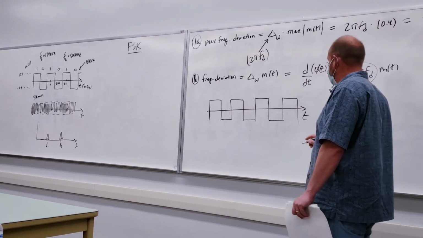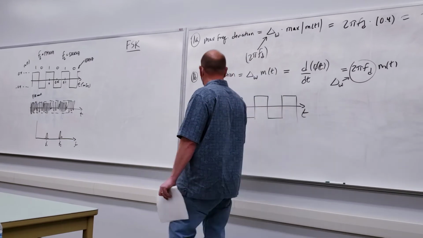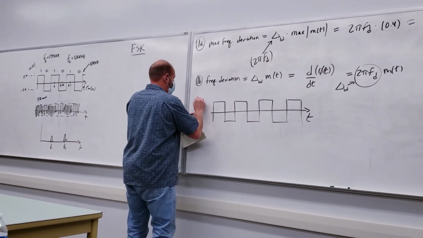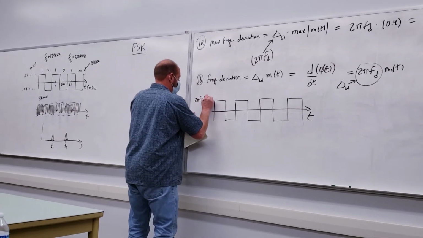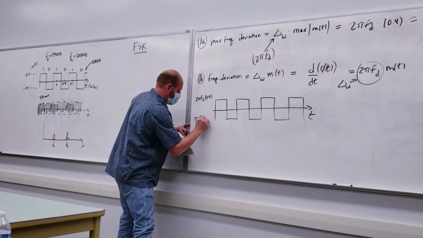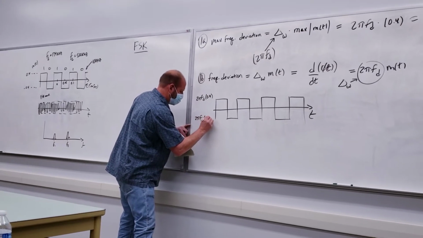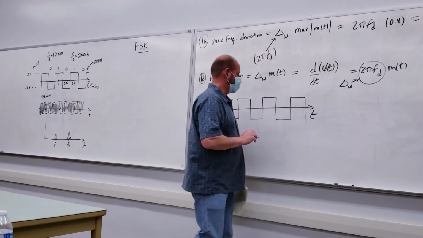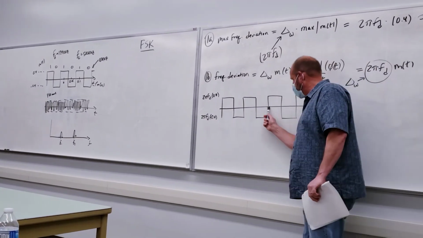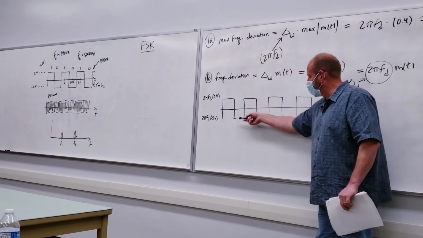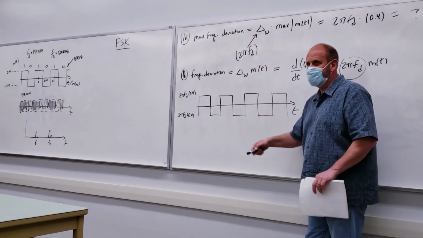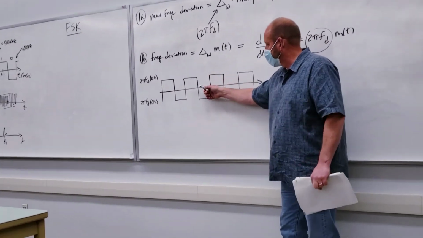So you can see we're going to be going here from 2 pi f sub d times 0.4 down here to 2 pi f sub d times minus 4 tenths of a volt in frequency. And if you look at this, you can see that the 0 line right here, now we're on frequency scale, in the y-axis.